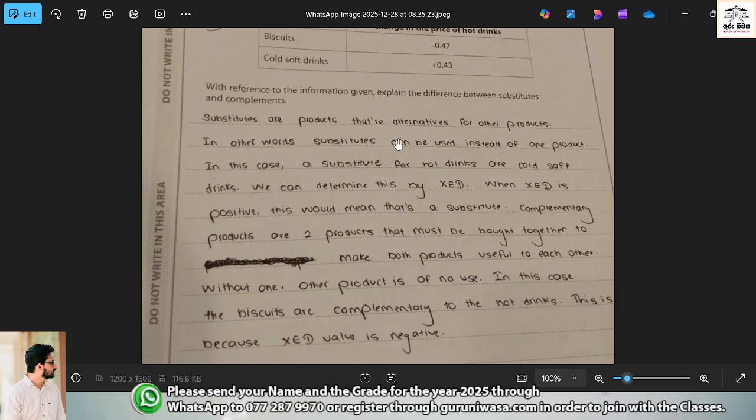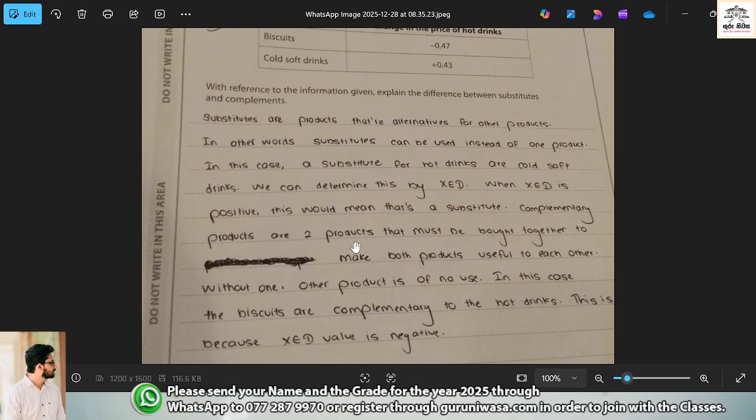Substitutes are products that are alternatives for other products. In other words, substitutes can be used instead of one product. In this case, a substitute for hot drinks is soft drinks. We can determine this by XED. When XED is positive, this would mean it is a substitute.